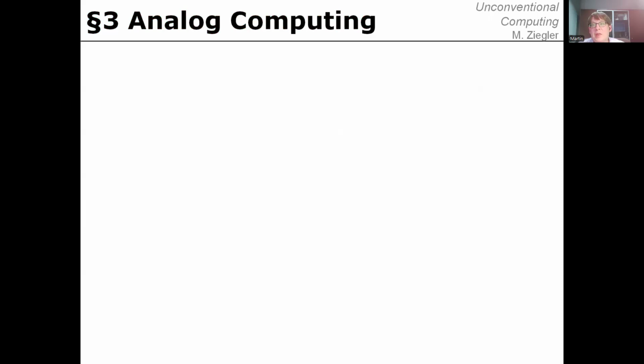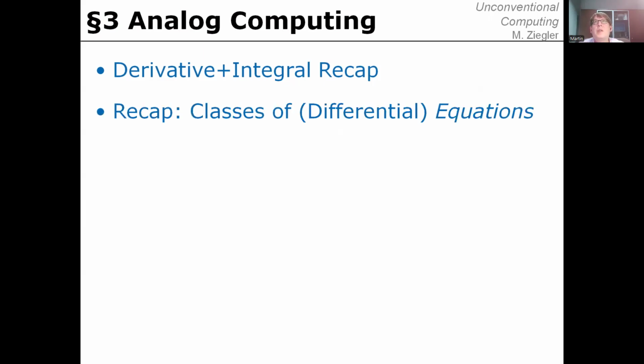And now we're at the end of chapter 3, analog computing. We covered basic calculus, derivative and Riemann integral and Stieltjes integral. We discussed differential equations, ordinary differential equations of several classes, first order, second order, and so on.